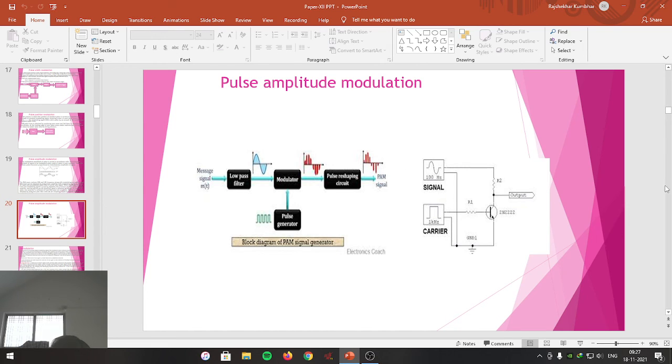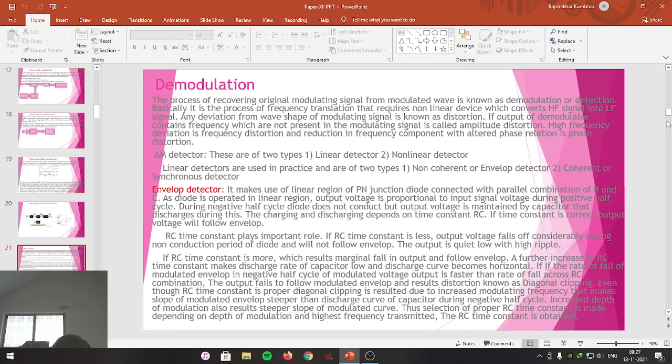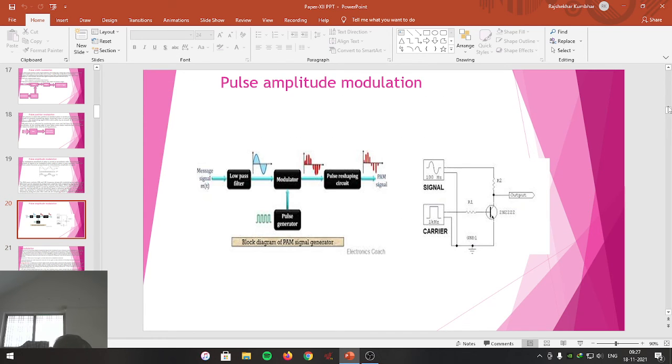Dear students, these are the types of digital modulation. Up till now, friends, we have studied analog modulation and also digital modulation. In analog modulation, we studied amplitude modulation and frequency modulation.